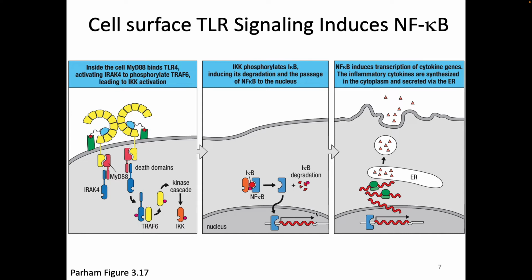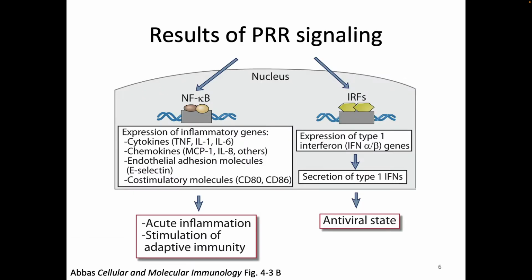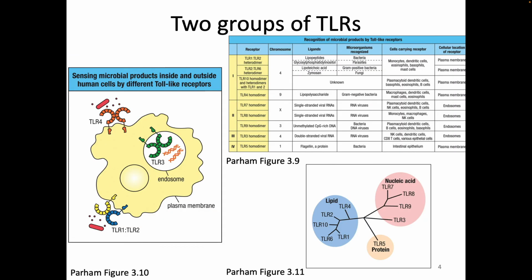It leads to some signal transduction, and that results in our NF-kappa B transcription factor making the cytokines that we've talked about. This can be the thing that happens when we recognize LPS, or when we recognize flagellin, or a lot of different important bacterial products.